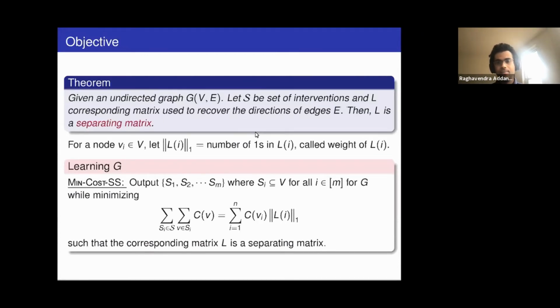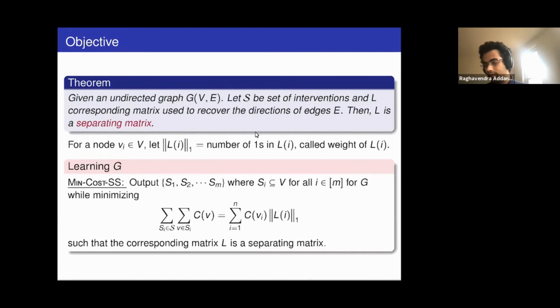We can rewrite this objective in terms of the matrix as follows. Instead of summing up over the sets and nodes in the set, we can just sum up over the nodes in the graph and multiply it with the number of times this node is part of the sets. So the multiplicity of this node in S1 to Sm, which is essentially equivalent to the number of ones in the node vector corresponding to node V, which we call the weight.